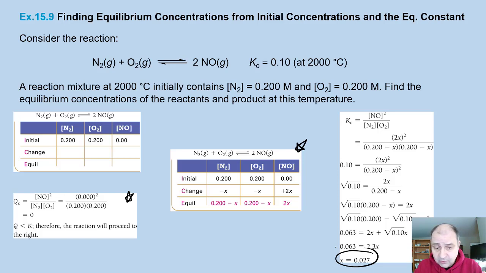So in order to find the equilibrium concentrations, you just have to subtract 0.027 from 0.2, and then 2 times that would be the concentration of NO at equilibrium. You can plug that in to the equilibrium expression just to verify, and you should end up with 0.1.